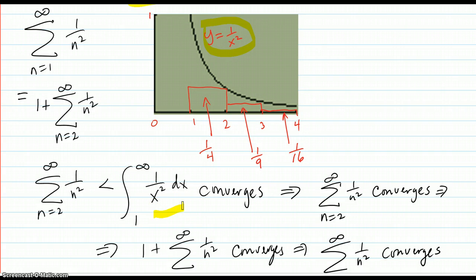So we see that a right rectangle sum gives us 1/4 here, and 1/9 here, which is 1 over n squared, and 1/16 there, and so on. But that starts at n equals 2.